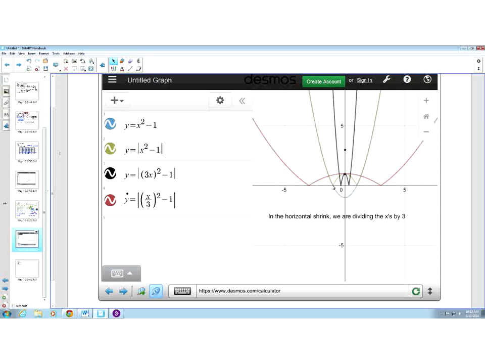Notice that the x-intercepts move to -3 and to 3. Whereas in the original graph, they were at -1 and 1. Okay, so this would be an example of a horizontal stretch.